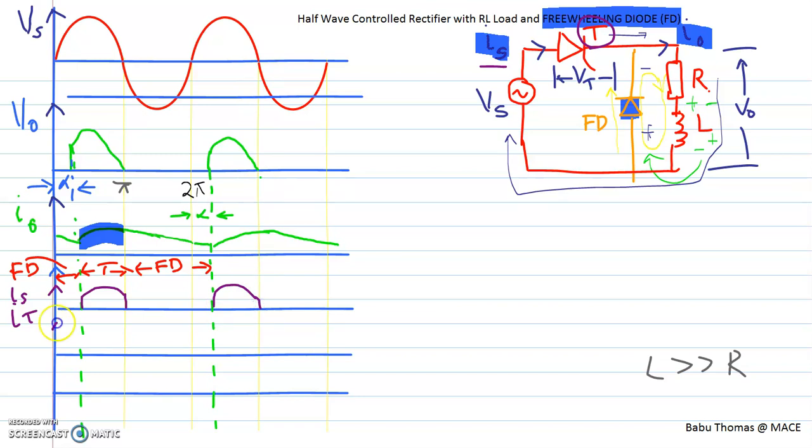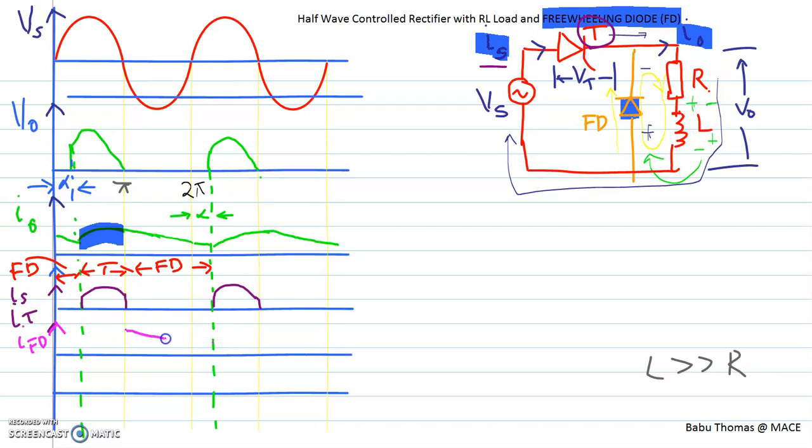Now you can plot your freewheeling diode current IFD. You can see it directly from your freewheeling diode when it is conducting. From this particular point to this particular point, your freewheeling diode is conducting.